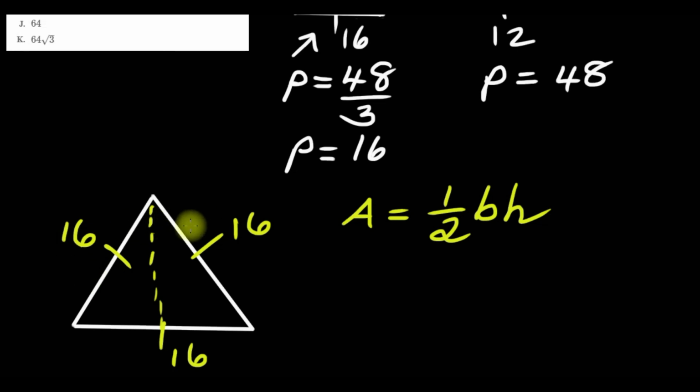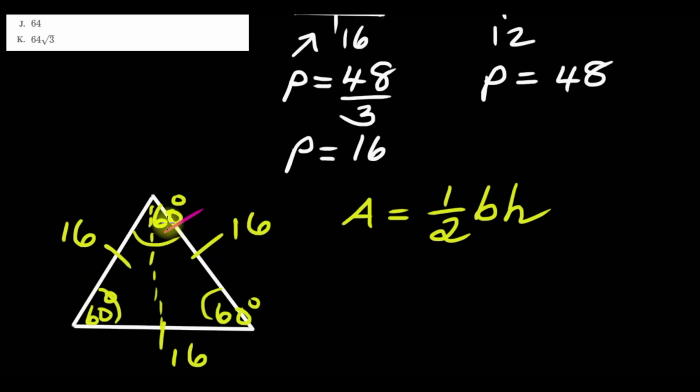Because this is an equilateral triangle, where all 3 sides are the same, we know that these angles are the same. These angles are going to be 60 degrees, 60 degrees, 60 degrees, because these add up to 180 to make a triangle.